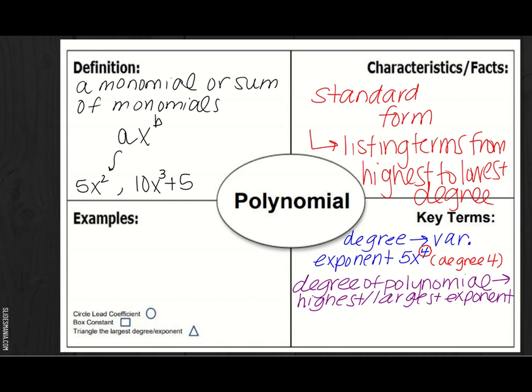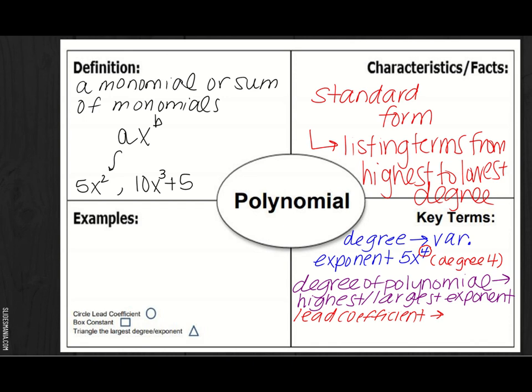All right, next we want to talk about what a lead coefficient is and what a constant is. A lead coefficient is the constant of the highest degree. Remember, a coefficient is the number being multiplied by a variable.